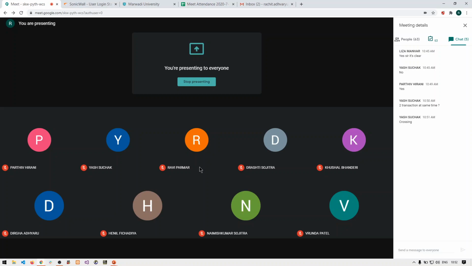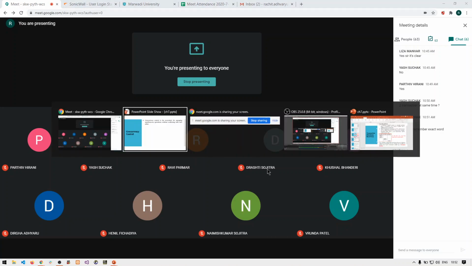So conflicting operations means there is one read operation and there is one write operation. So one transaction wants to read a particular data item and another transaction wants to write the same data item. So conflict means one wants to read and one wants to write. Fine. So that is what conflicting operations are.